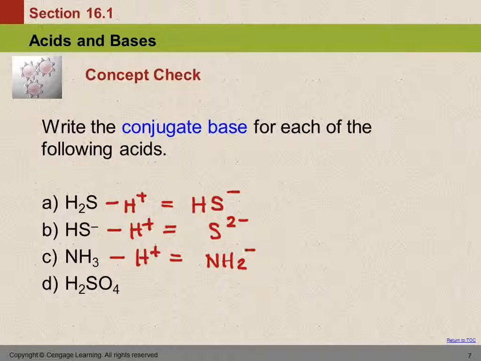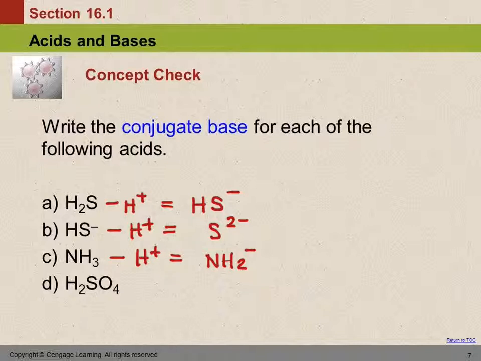So it becomes minus. It does actually exist. I don't know the name of it off the top of my head. It happens more when that nitrogen is attached to an organic compound.